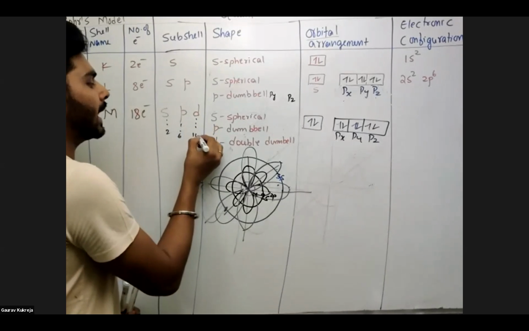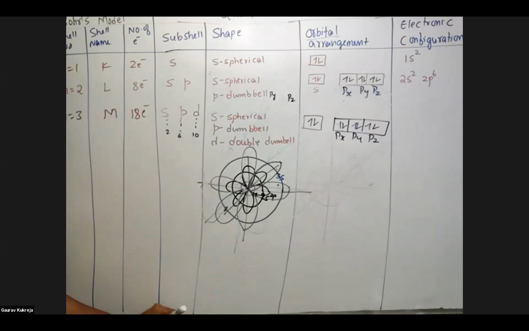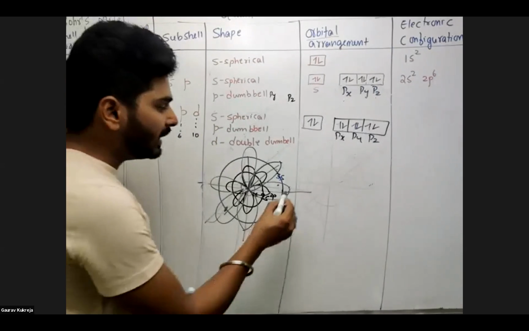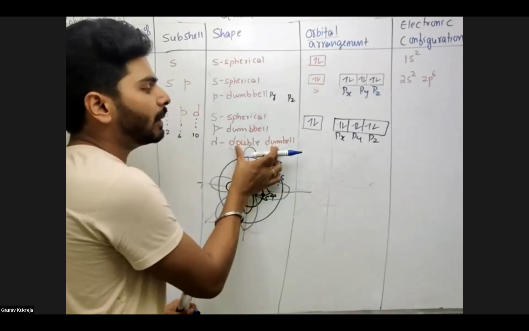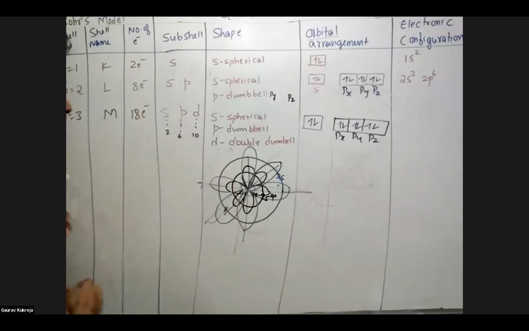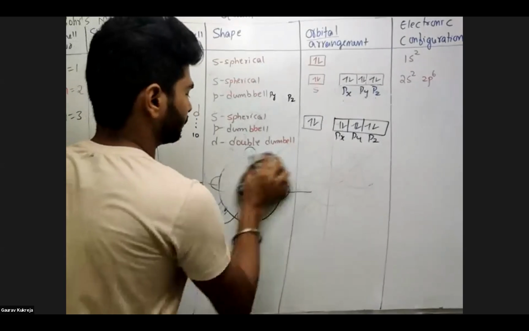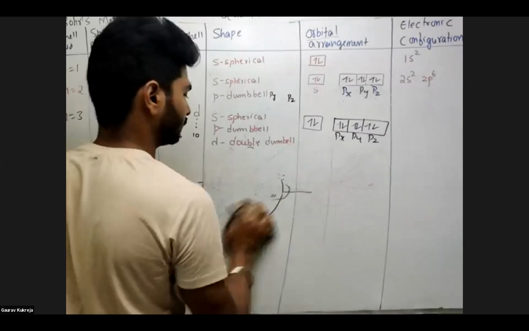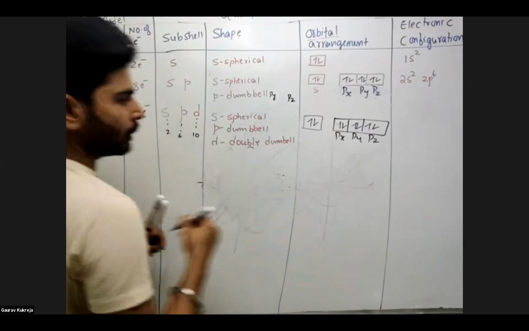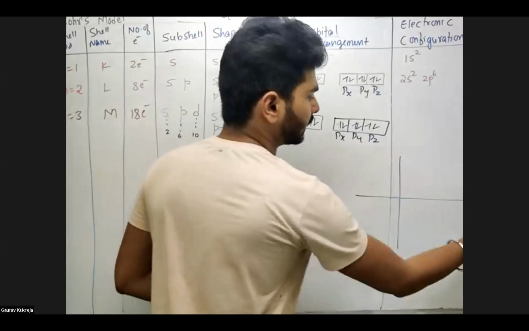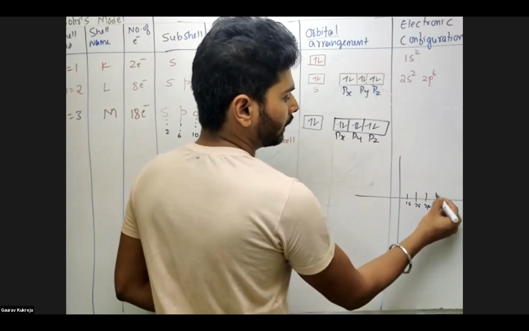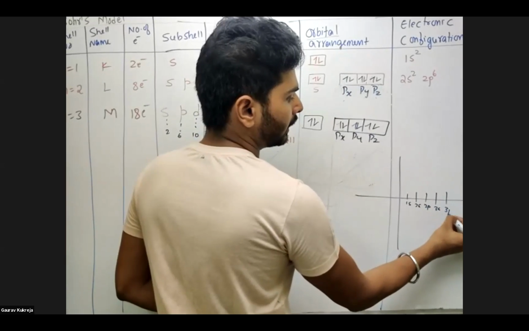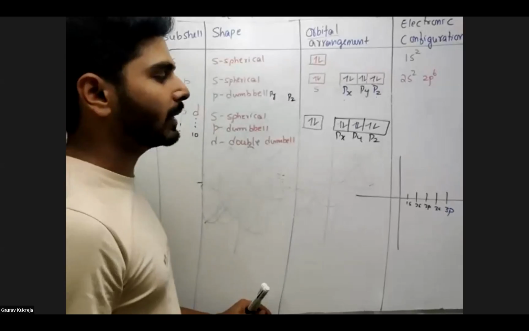Now the remaining 10 electrons must be filled inside D. Again D has to be considered of this size, but they will be in double dumbbell manner. Now let us see what this is. I want you to follow the trend here: first 1s, then 2s, then 2p, then 3s, then 3p. This much we have done already.